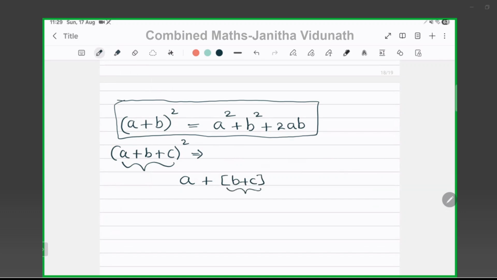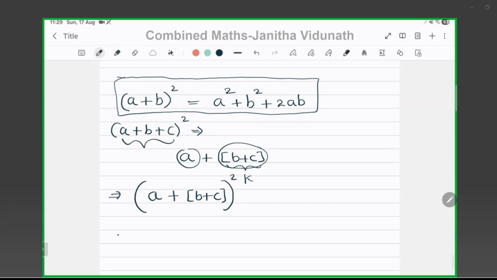Then this is a, like one variable, and this is another variable. Simply we can write this as a is our first term and there is a plus sign. Our second term is b plus c. Then we have whole square.